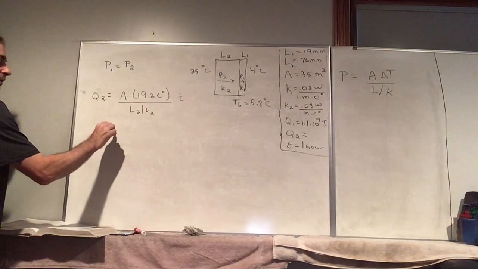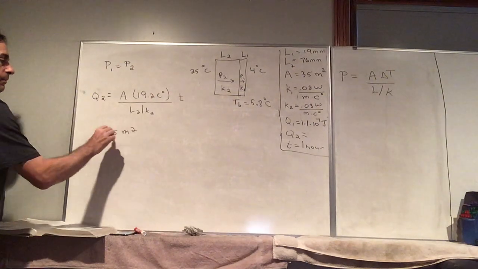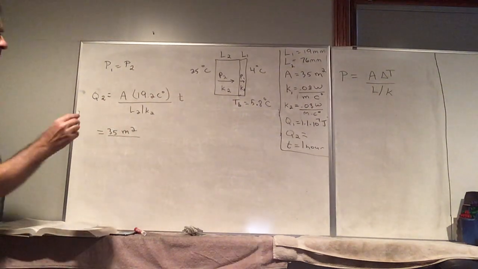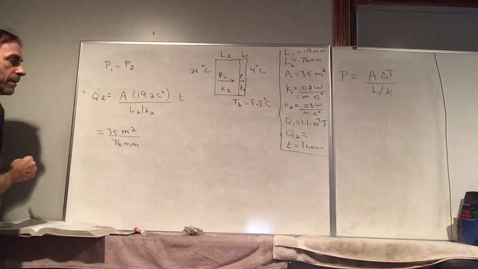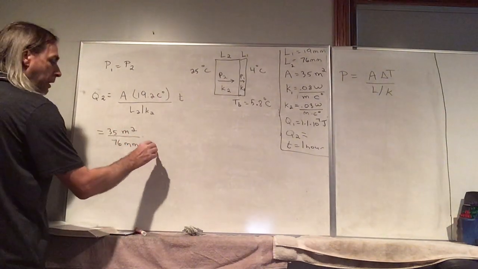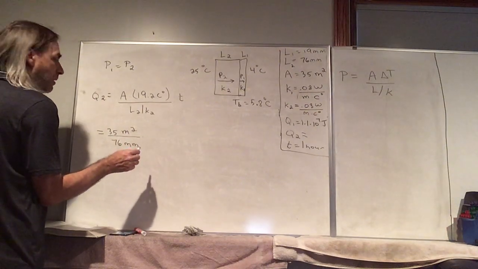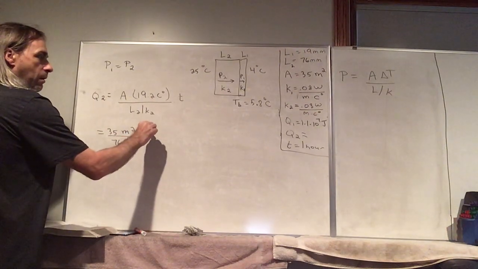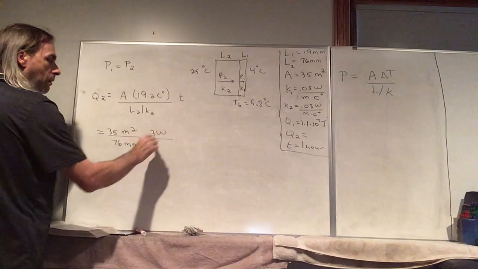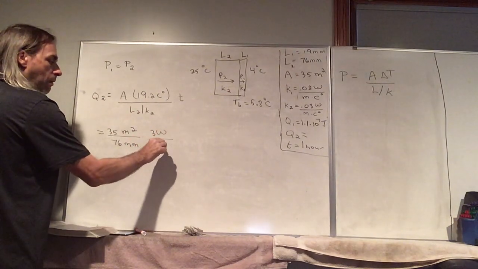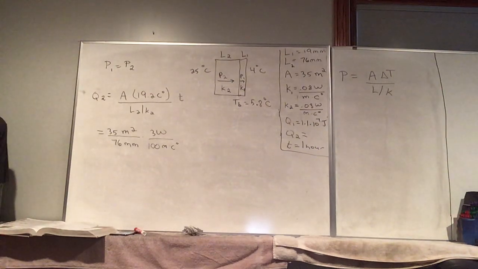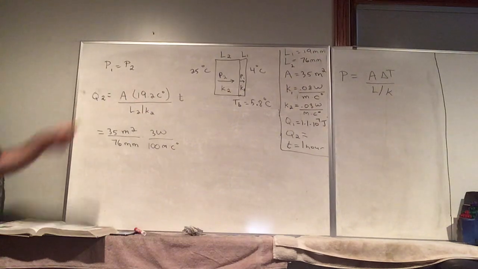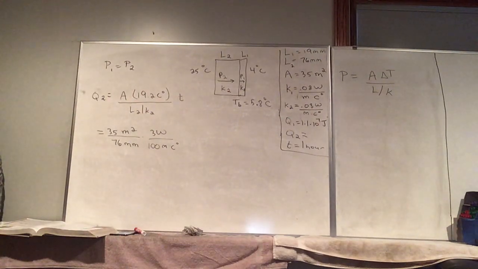So we have 35 meters squared, and divide by L2, which is 76 millimeters. And then K2 is 0.03. I write 0.03 as 3 over 100, or we can move K up to the top, so that number should be on top.